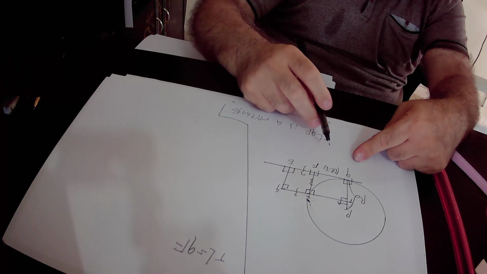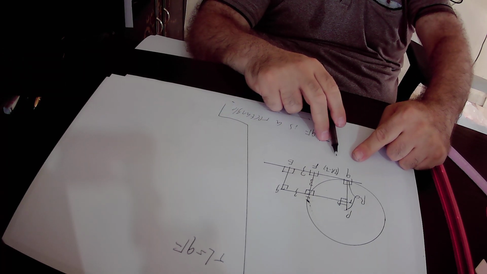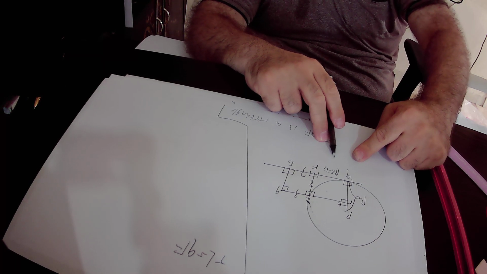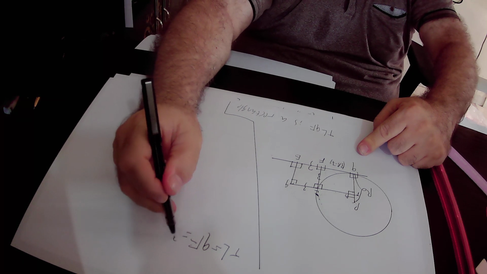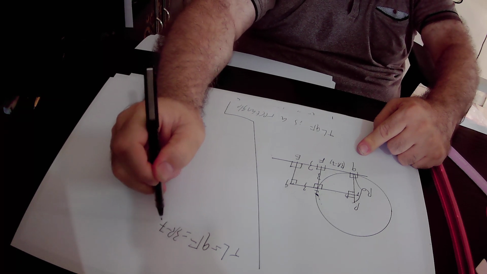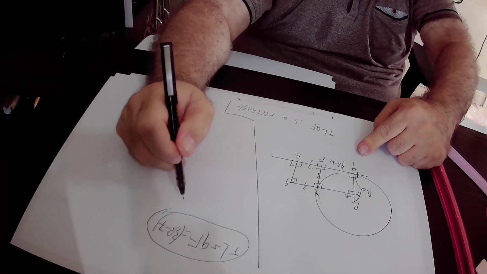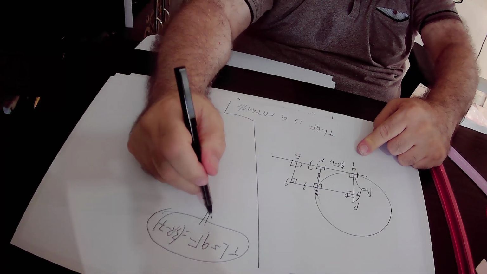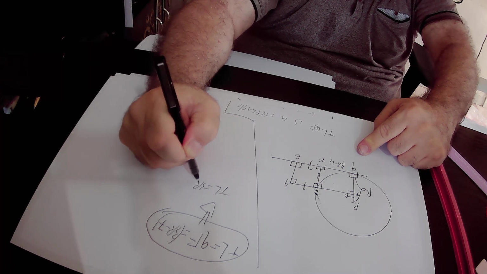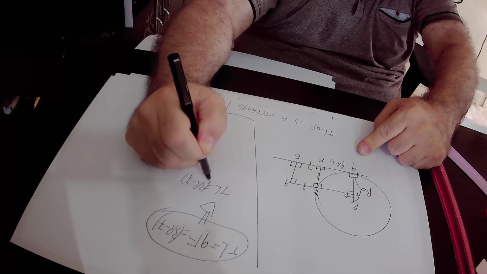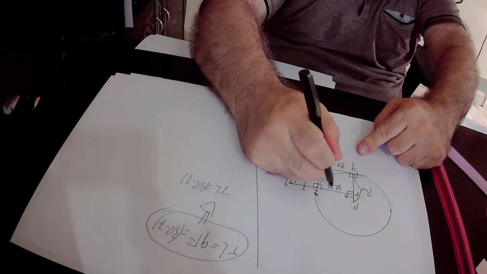TL equals QF, but we already found out that QF equals 3r minus 7. So from this equation, TL equals QF equals 3r minus 7. We will derive that TL is also equal to 3r minus 7.